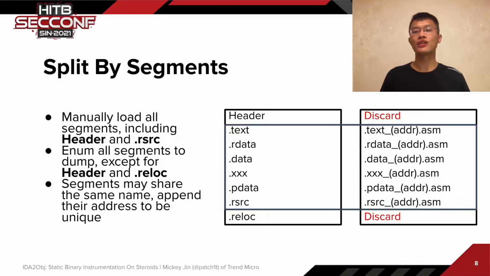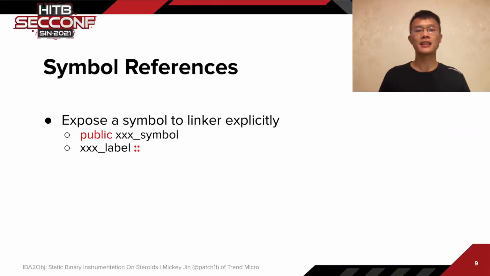After the segments are split, we need to process symbol references. In MASM, we can use the keyword public to expose a symbol to the linker explicitly. Especially for labels, we need to note the double colons.